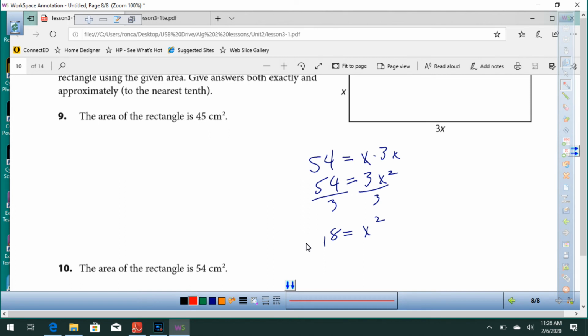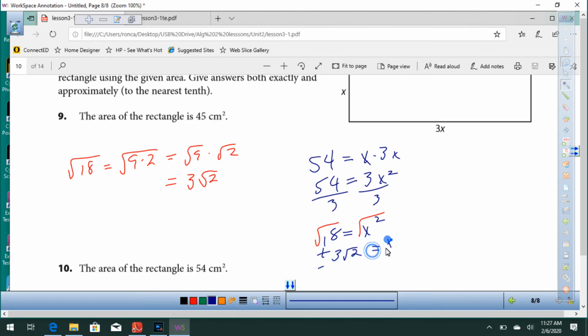We can take the square root of both sides, and that gives us, well, hold a second, the square root of 18, that's like the square root of 9 times 2, which is the square root of 9 times the square root of 2. So I'm getting 3 times the square root of 2. All right. So we have plus or minus 3 times the square root of 2 equals x.